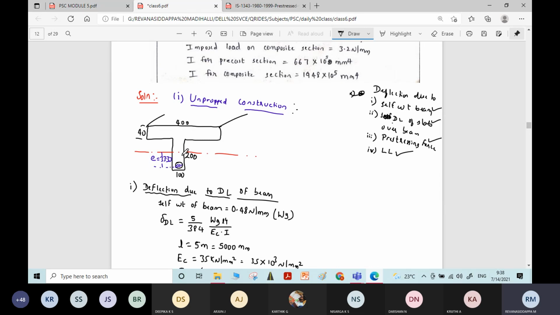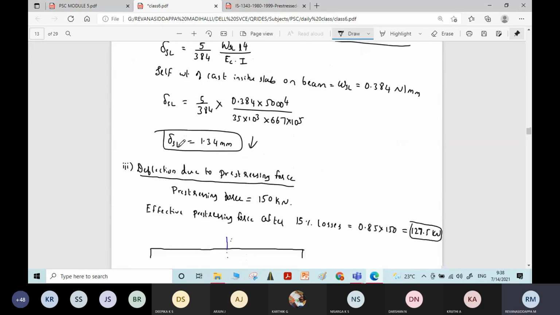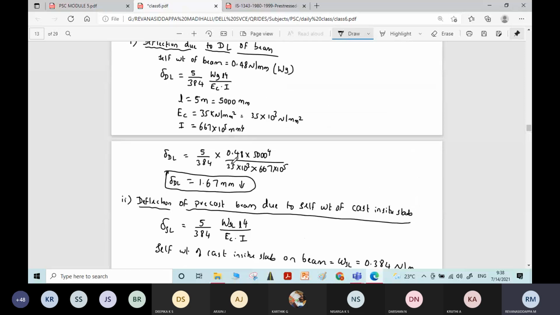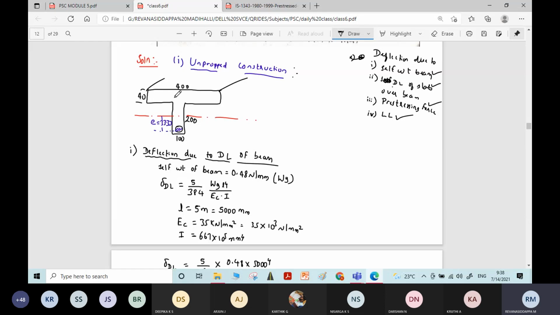Therefore, while finding deflection due to slab load for propped construction, we need to take the moment of inertia of the full section, because this beam and the slab will act as a whole. It will act as a monolithic element, a single element having uniform material properties.